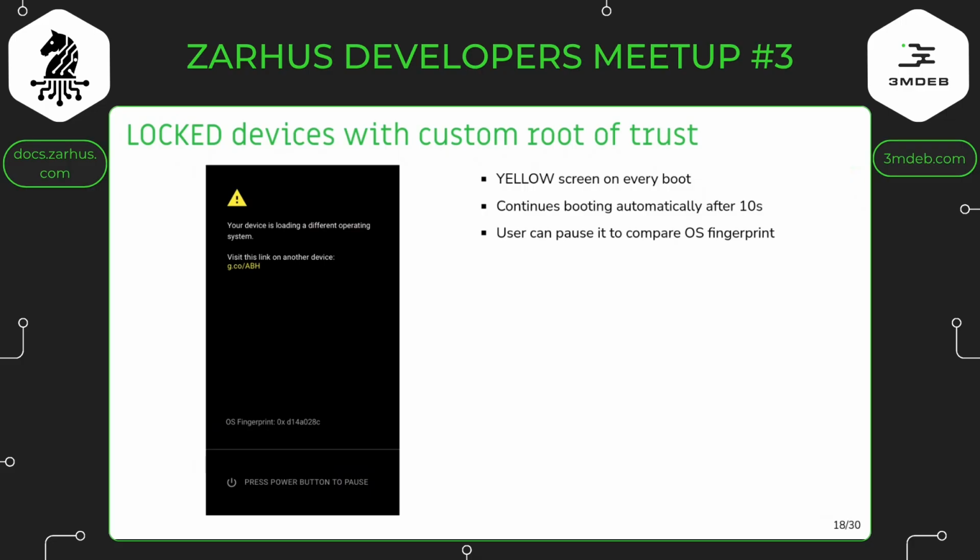For instance, if you have GrapheneOS, on each boot you can see this screen. It proceeds automatically after 10 seconds, so it doesn't block your boot. But you have time to compare this hash, and you may go to the OS vendor, or if you build your own OS, you may compare this hash to make sure that you are running the OS you wanted to run.